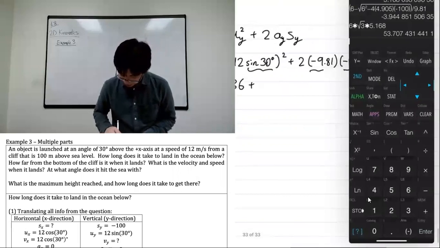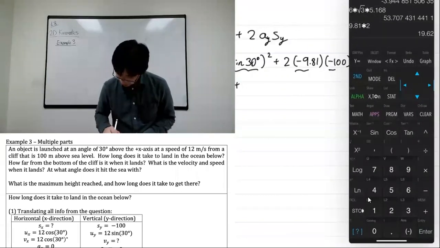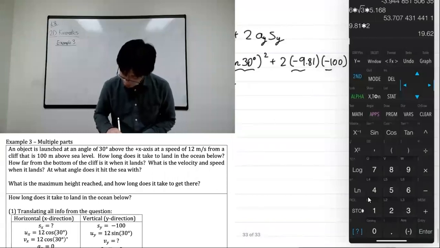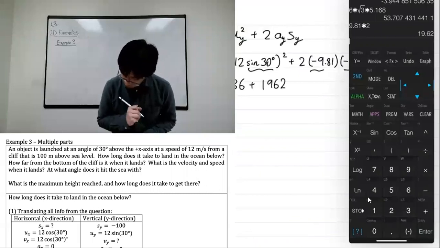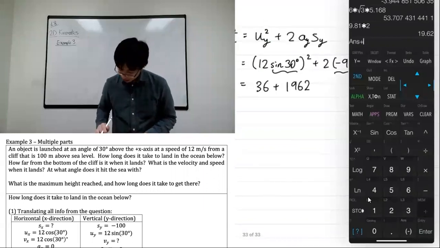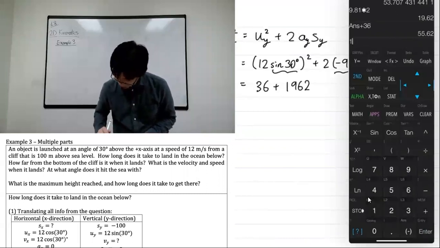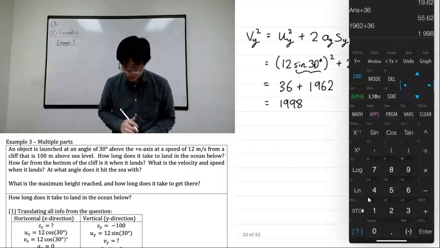Let's pull out our calculator for that. 9.81 times 2, that will be 19.62, but times 100, so that's plus 1962. Just shift the decimal place a little bit. And what's that with 32? No, that's not what I want. I want 1962 plus 36, and that's 1998. All right, is that the answer?